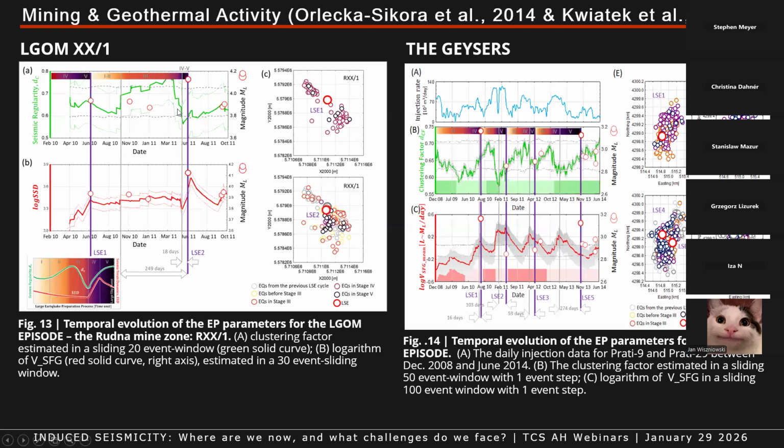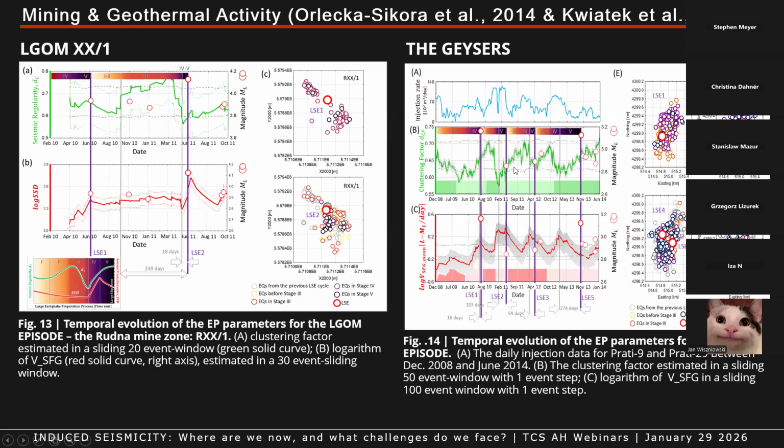And before the largest earthquake in the catalog, we see a very deep minimum value of DC. At the same time, we see an increase of SSD. And this moment was 18 days before this strong earthquake.